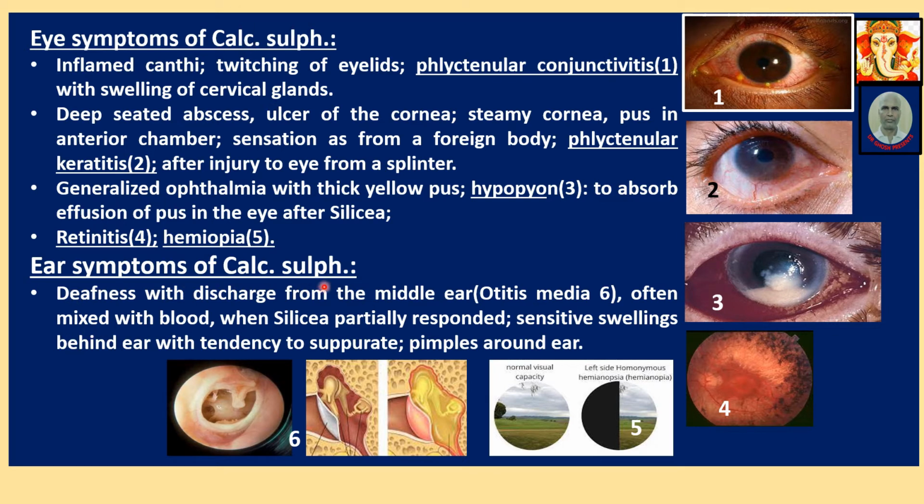Now here are symptoms of Calcarea Sulph: deafness with discharge from middle ear, otitis media. This is the middle ear. This is a normal middle ear. This is otitis media, and this is inflamed. There are three small bones called malleus, incus and stapes. When these bones are infected, then it is otitis media.